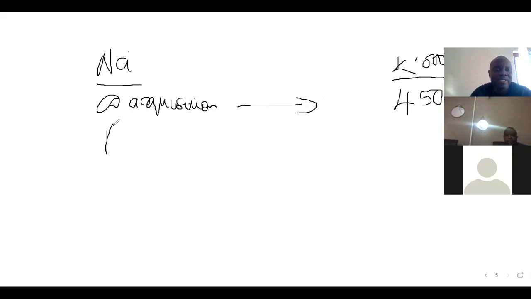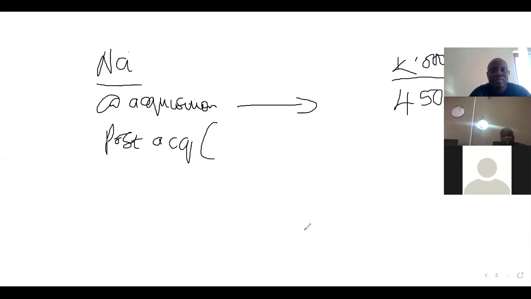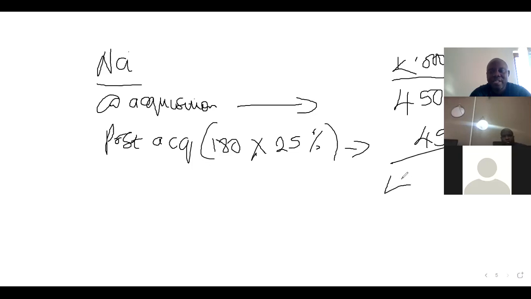Then post acquisition, we go to working 2, which is the 180 here, times 25%, giving you 45. This is how you got your 495.